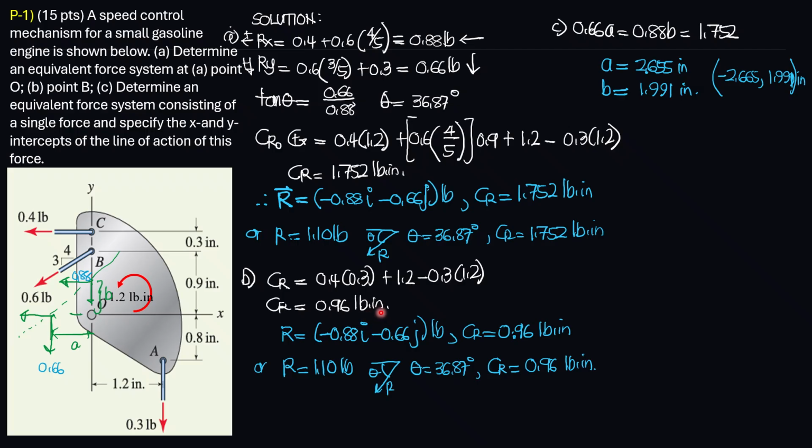So for part B, the answer would be, with an arrowhead here, negative 0.88 i minus 0.66 j pounds, then the resultant couple is 0.96 pound-inch counterclockwise. The other way is the magnitude is 1.10, just like before, then 36.87 degrees to the horizontal, down to the left, then C sub R is 0.96 pound-inch.